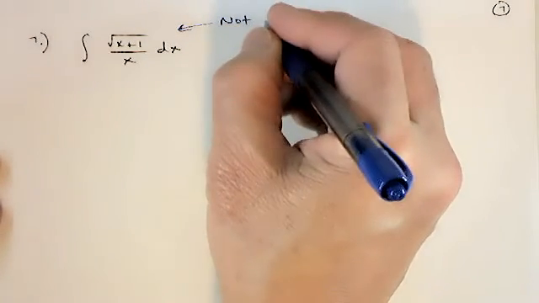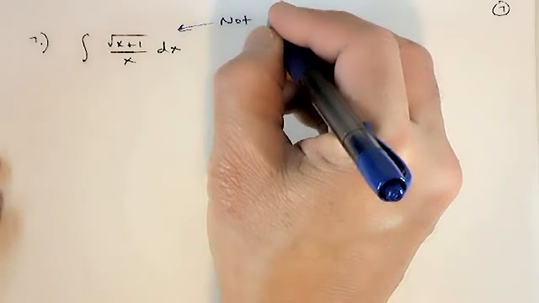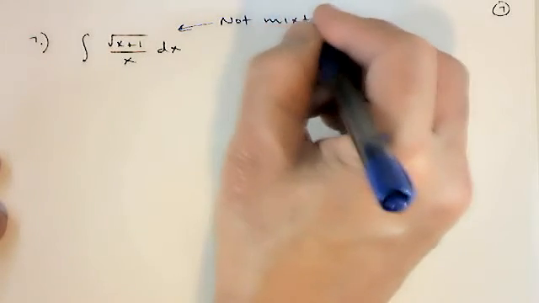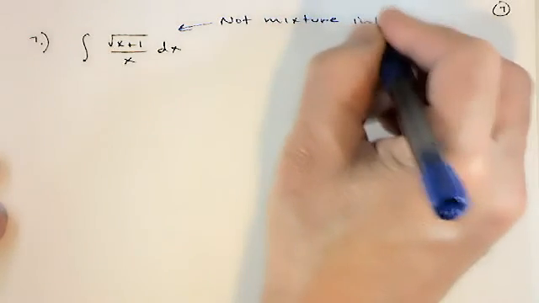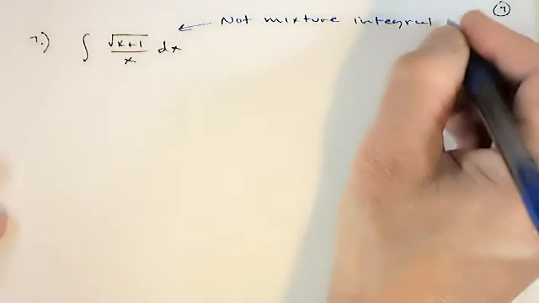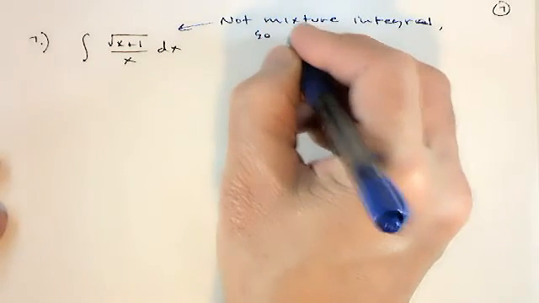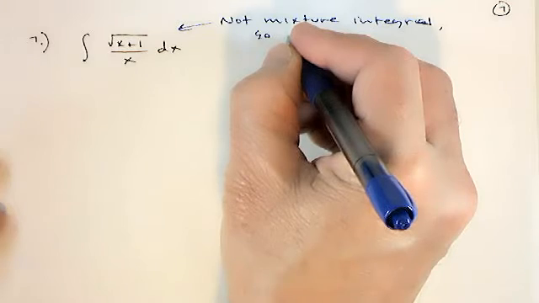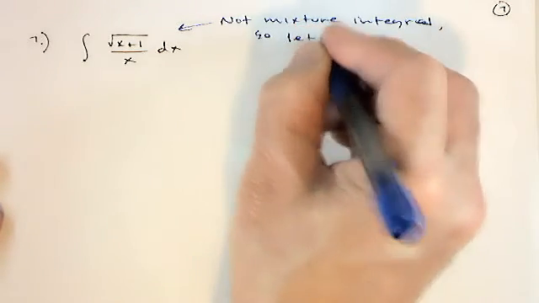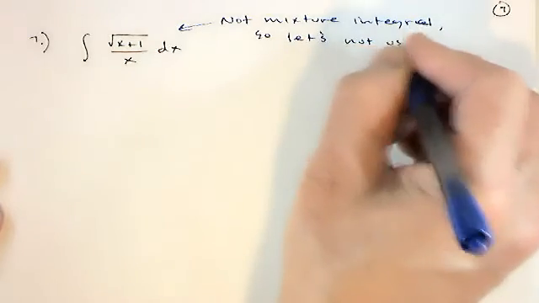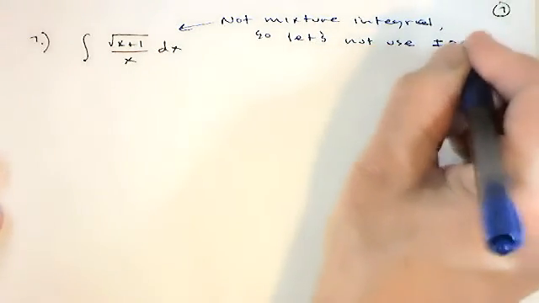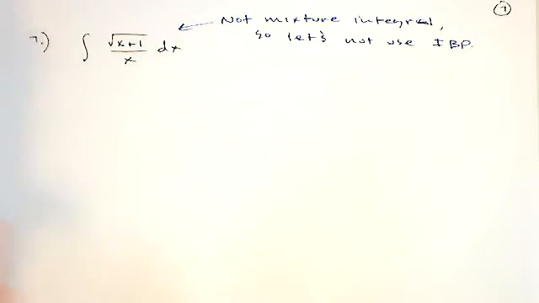I'm sure there's a way, but what I claim is because it's not a mixture integral, there's always, I think, a better way. So I'm not going to say not, but let's not use integration by parts.